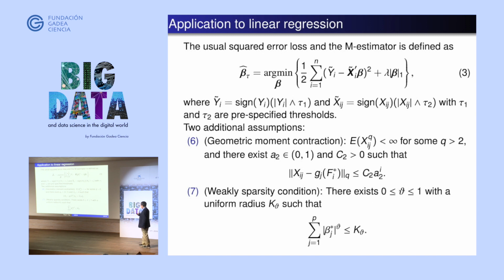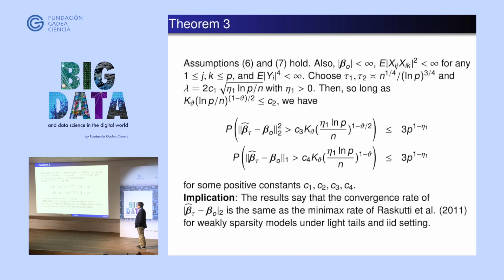For the estimation, you actually truncate in two ways: not only do you truncate the predictor, you also truncate the dependent variable, with different tau. Under the moment condition I already mentioned, you also need cross-dependence, some type of constraint, and the weak sparsity condition. Under those, you can establish this type of result.